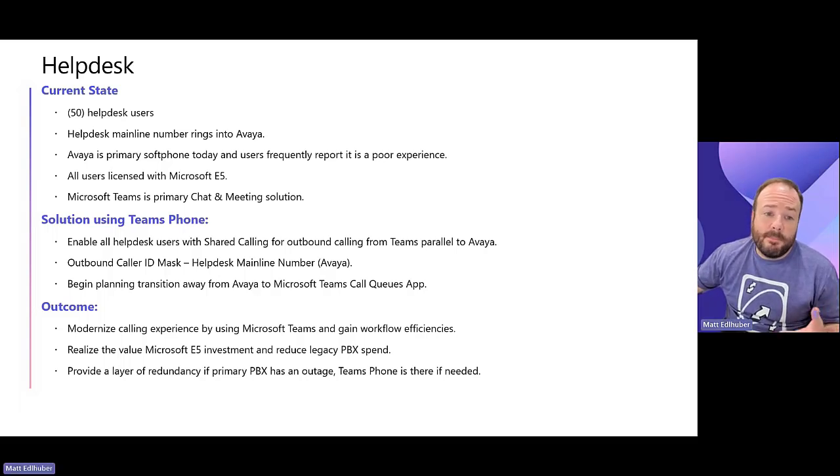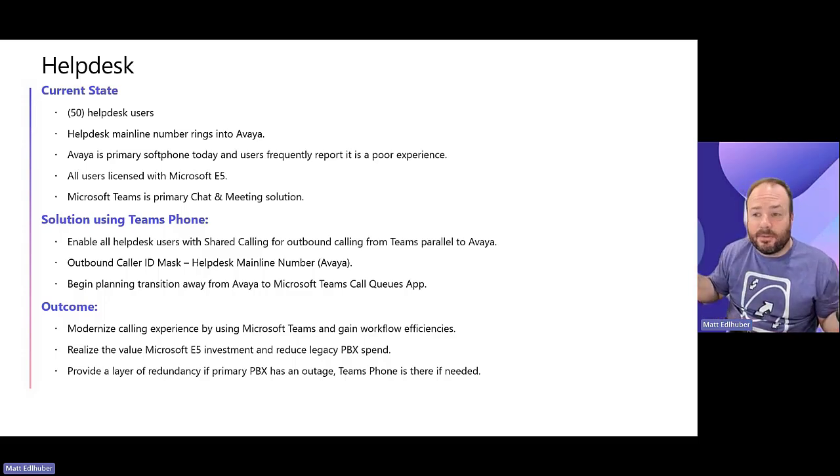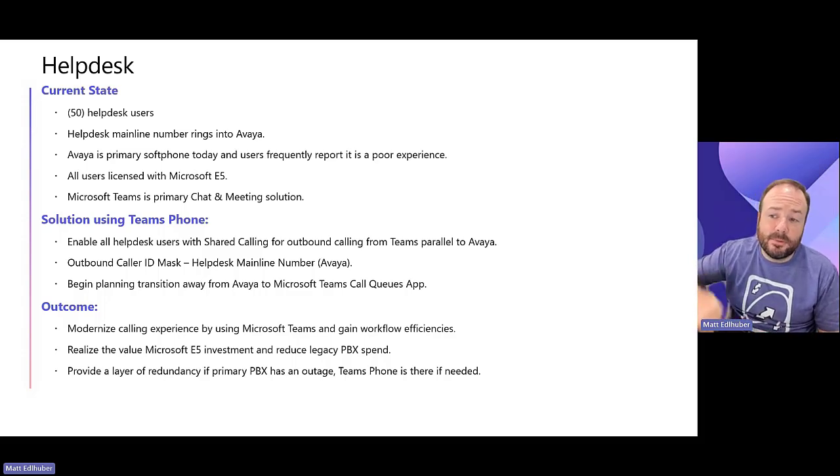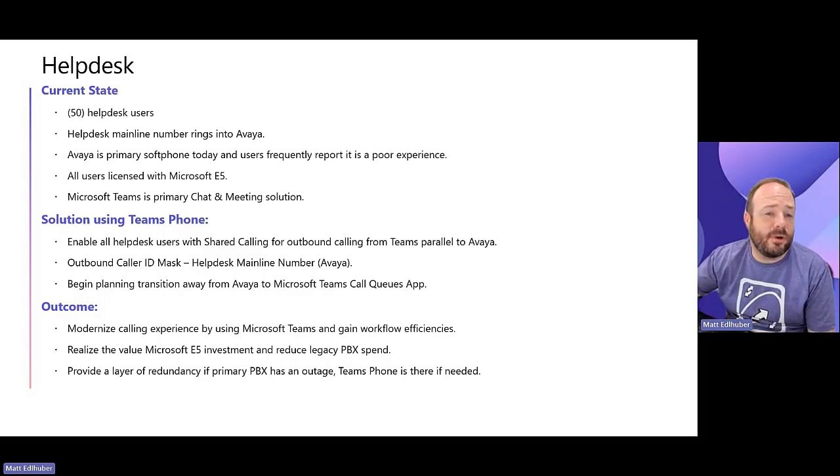Help desk. This is another use case. Organization is maybe using a legacy PBX. Everybody has Teams. User calls into the help desk, answers on that PBX phone, and help desk needs to look at the end user's computer. The first thing they do is say, hey, I'm going to message you on Teams, and they start sharing their screen.